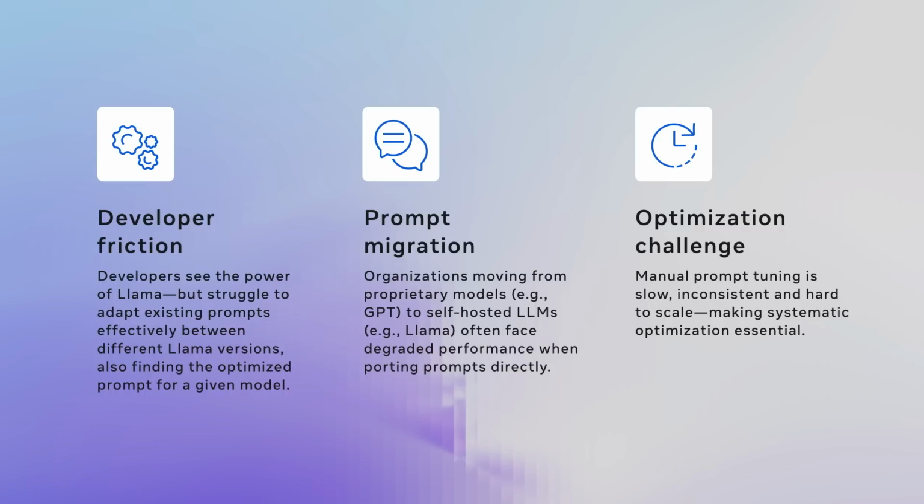Manually tweaking these prompts is slow, inconsistent, and doesn't scale well if you are working across many use cases or teams. This feedback is exactly why we built this tool for you, to remove the friction of getting the best performance out of your prompts and start with confidence.